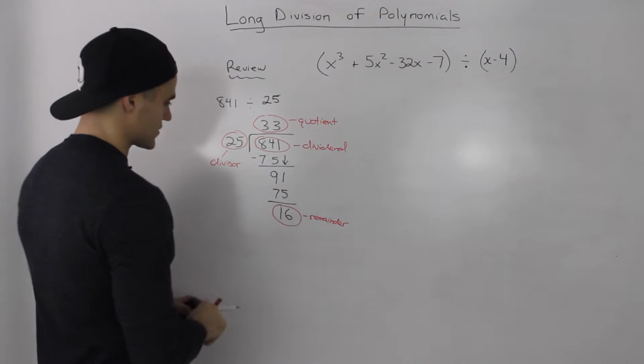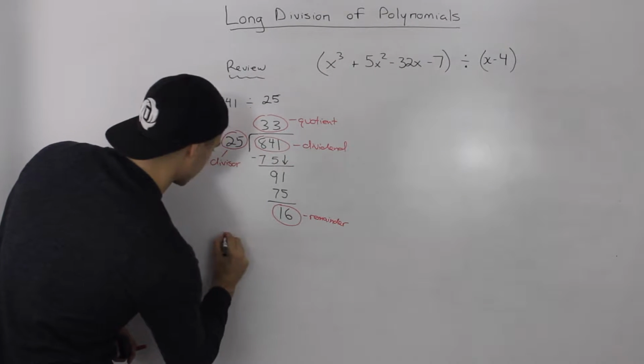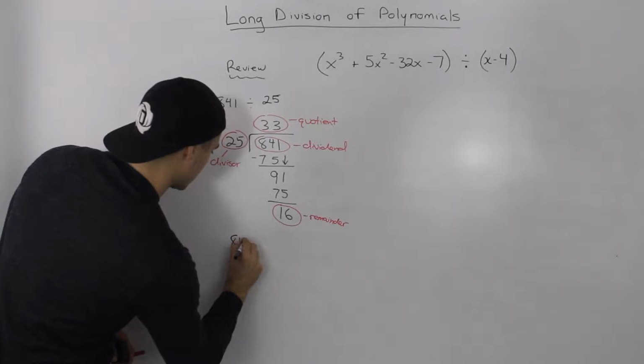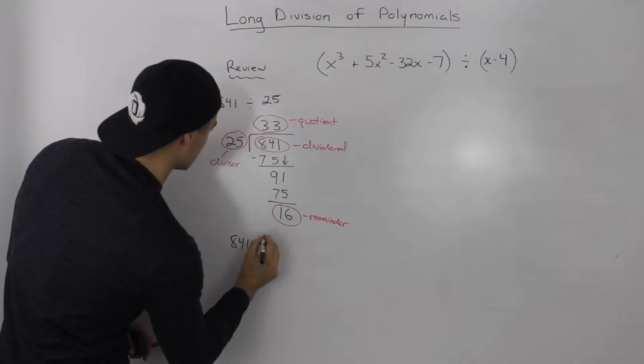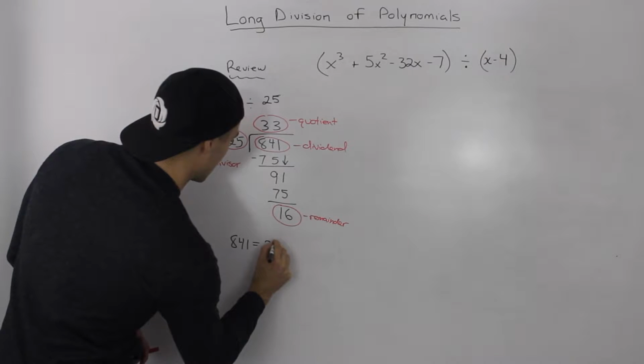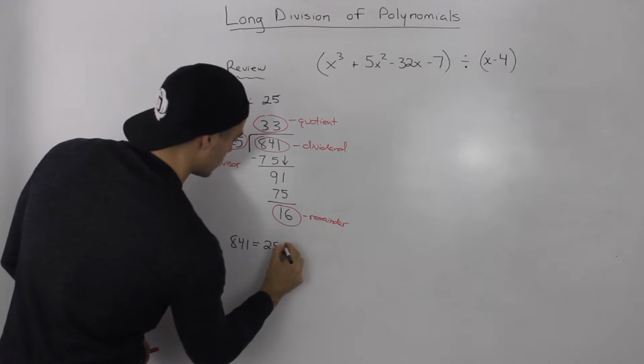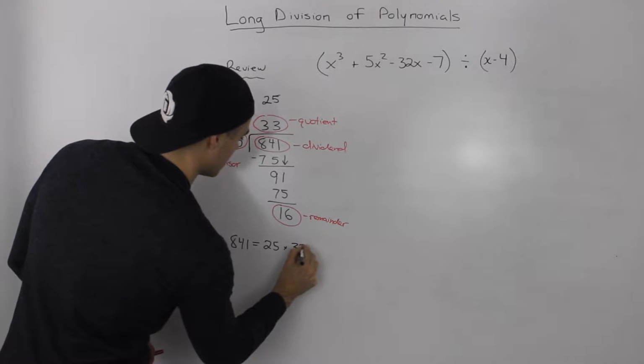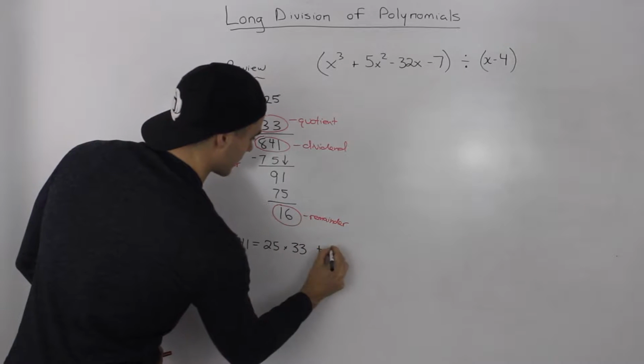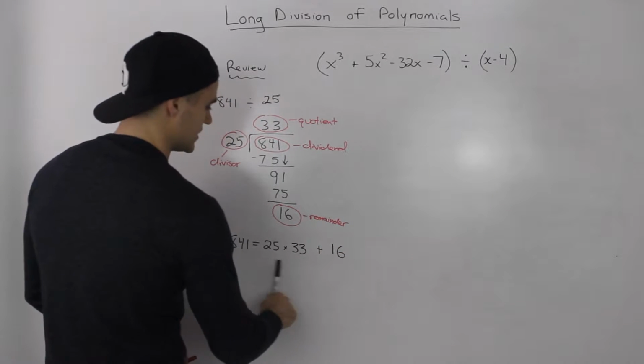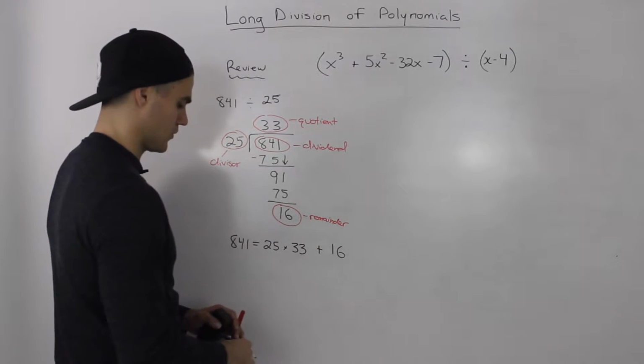So if we rewrite this result in a statement, basically 841 is equal to 25, the divisor, times the quotient, 33, plus the remainder of 16. So if you did this in your calculator, you would get 841.